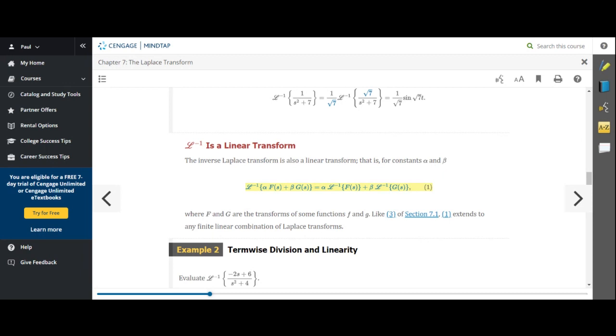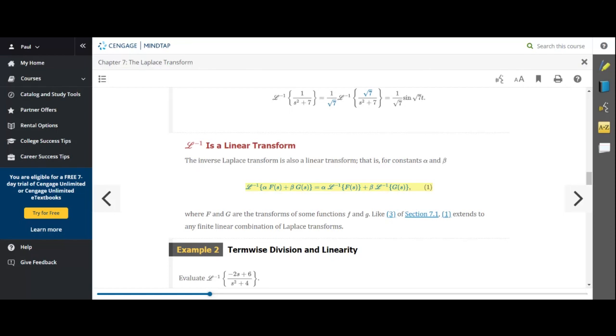Like the Laplace transform of a sum of two functions is the sum of the Laplace transform of each function separately. You've learned that. And naturally then the inverse Laplace transforms have to follow the same kind of rule. So this is a natural rule, and again, it comes about by the fact that Laplace transforms are really based on integrals.